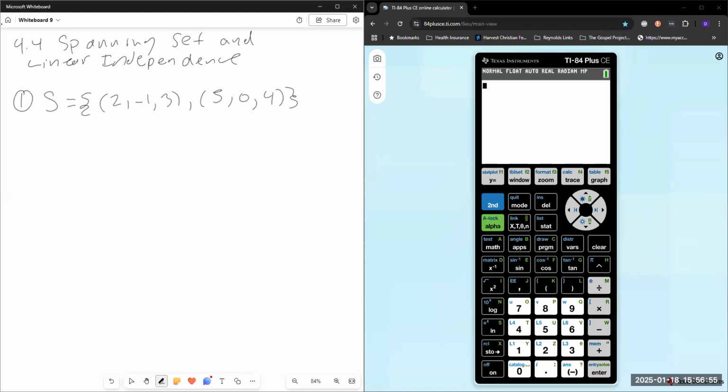So A says z equals (-1, -2, 2). I want to start with (2, 5, -1), (-1, 0, -2), (3, 4, 2).